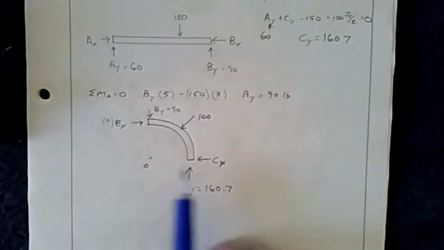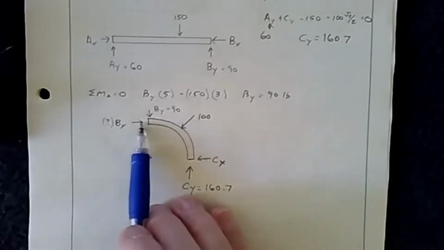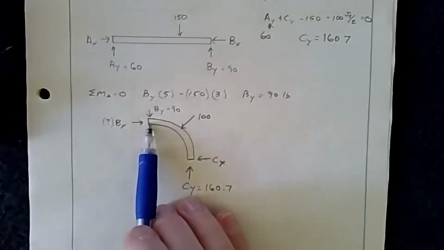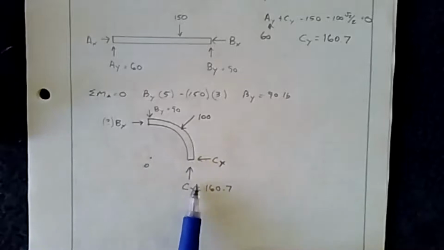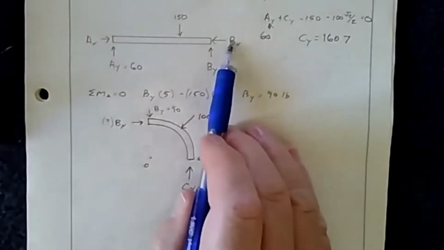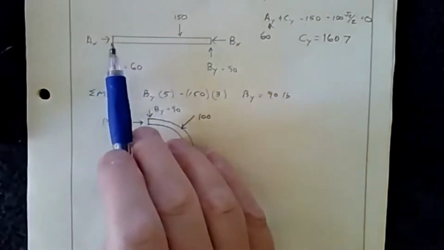So essentially the same force. And we've proven that BX has to point to the right on this component in order to balance, because we know this is going up. Therefore, we know BX is going to the left and AX is going to the right.